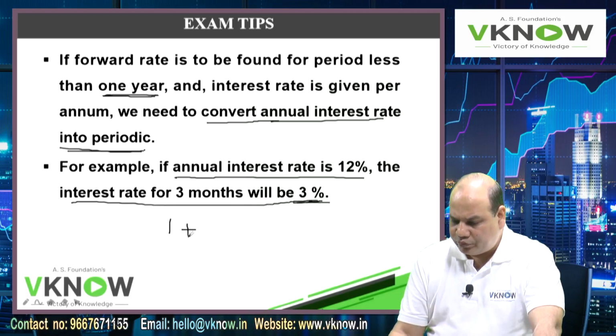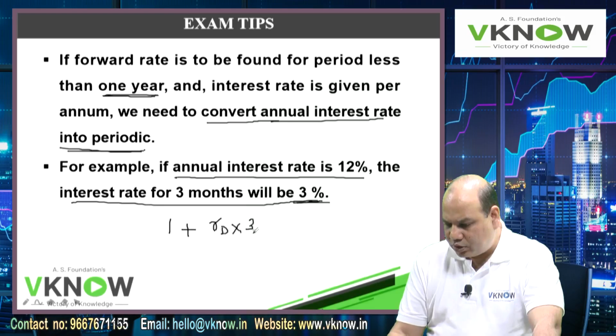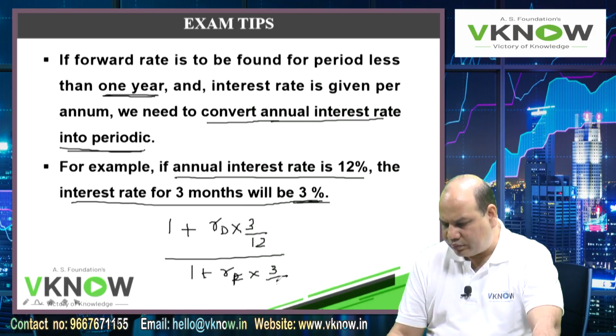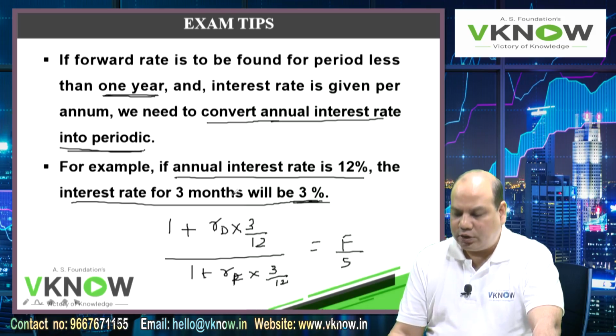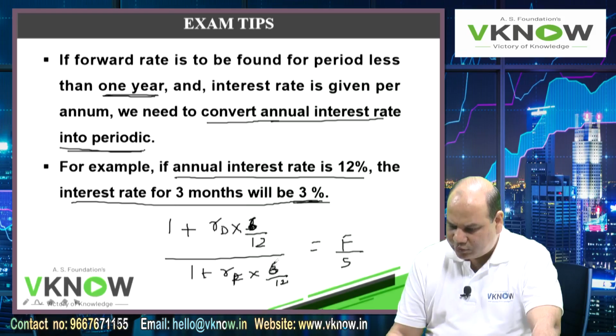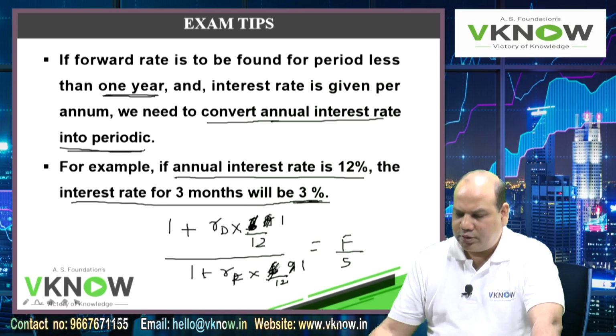So I will just change the left hand side, 1 plus RD into 3 by 12 upon 1 plus RF into 3 by 12 equal to F by S. If it is a 6-month forward rate problem, then I will make it 6 months. If this is a 9 months problem, then I will make it 9. If it is a 1 month problem, then I will take it as 1 month, right?